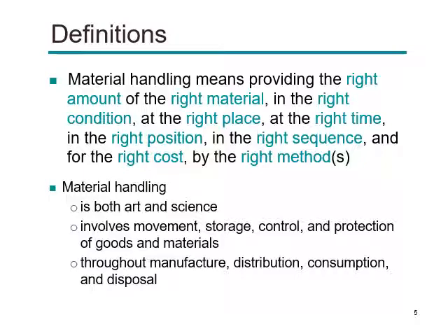For example, we are saying that material handling means providing the right amount. You need to move a part from A to B. Then what should be the right amount?